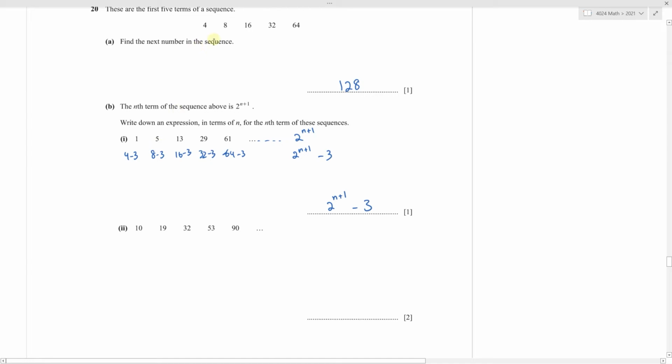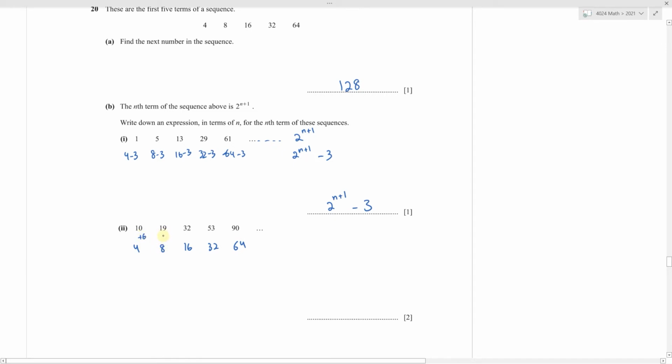So if you compare these two, this is 10, this is 4, a difference of 6. 4 plus 6 is 10. Then you're adding 8 plus 11. So let me write down this sequence as it is. You have 4, 8, 16, 32, and 64. Now from this sequence, if I want to get this, I add 6 here.